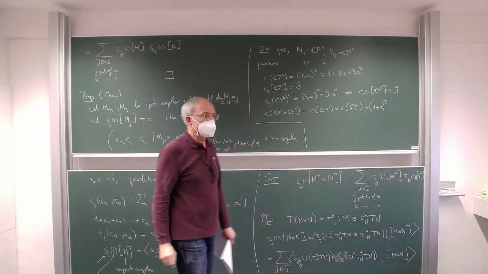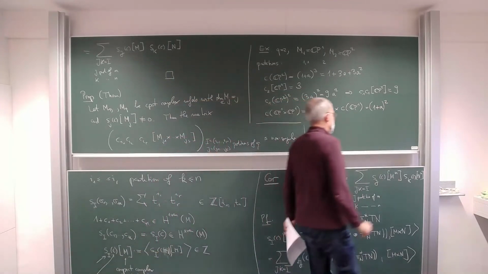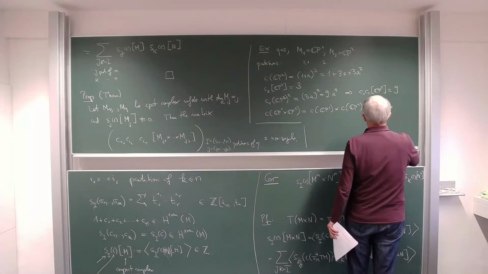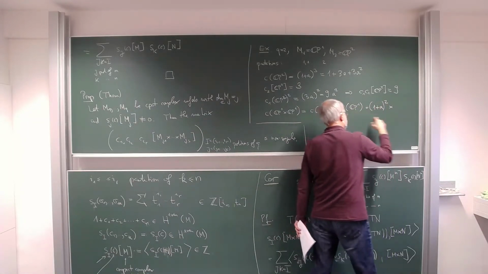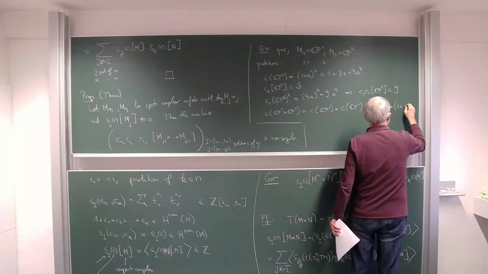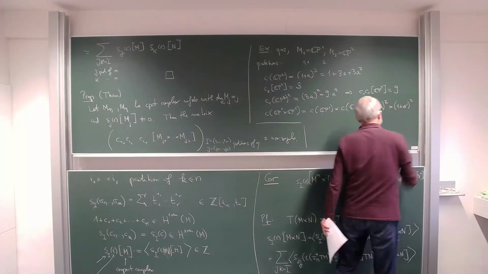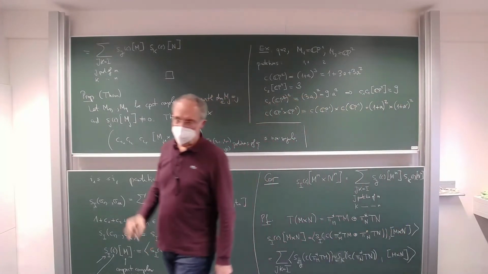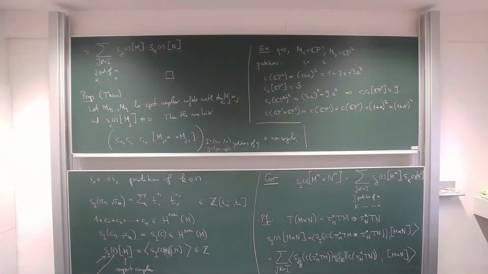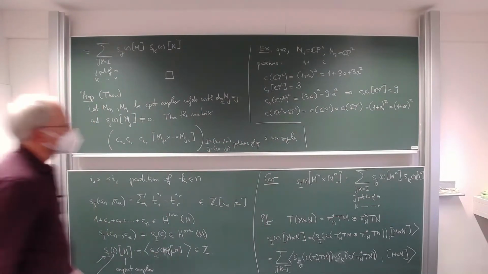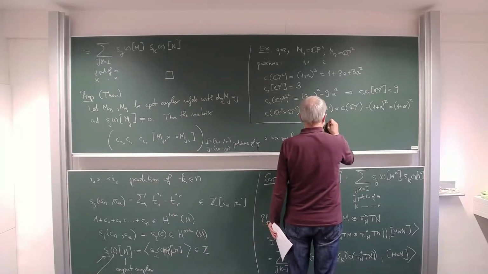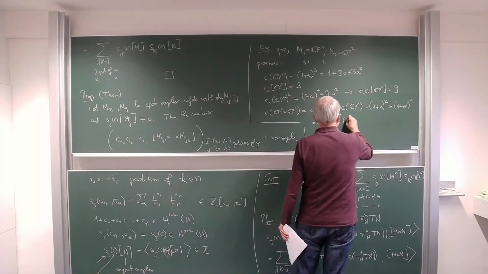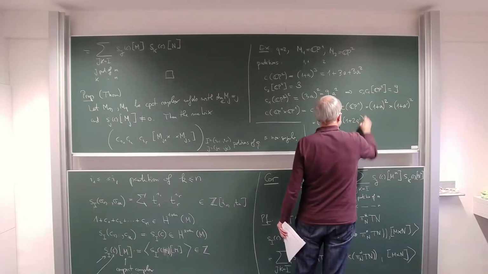Now it's CP1 times, and here I have to give the generator a different name because it's a second copy. So let me write this as (1 + A')^2. A' is the corresponding generator of the second copy of CP1. And so this is (1 + 2A) times (1 + 2A').